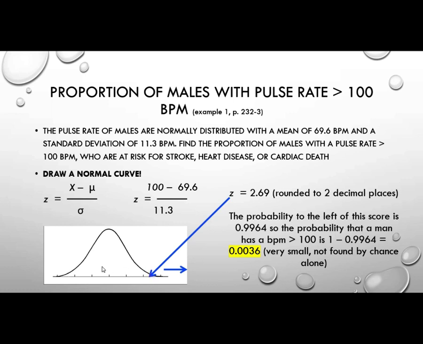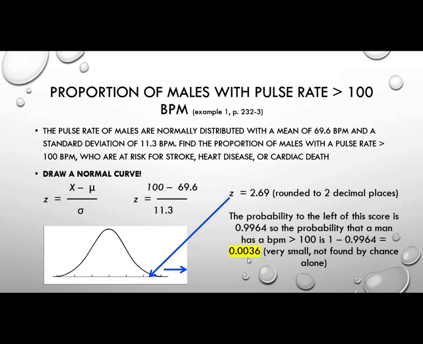It only gives us the probability to the left. So we go and find 2.69, and what we get is 0.9964. So the probability that a man has a BPM greater than that is what's over here, so we have to subtract it from 1. 1 minus 0.9964 is equal to 0.0036. Very small, not found by chance alone.